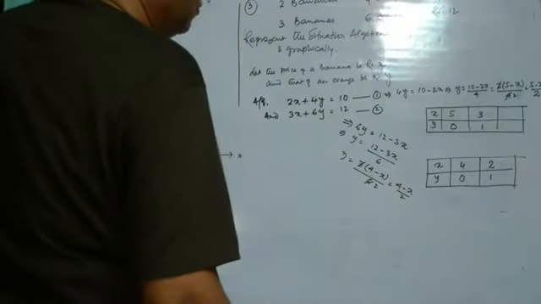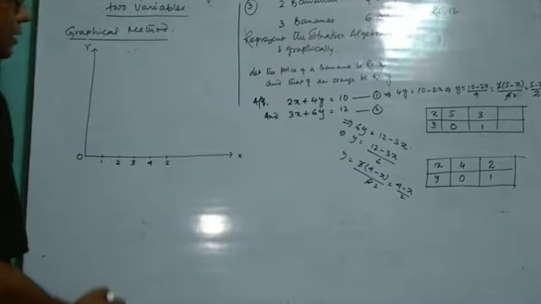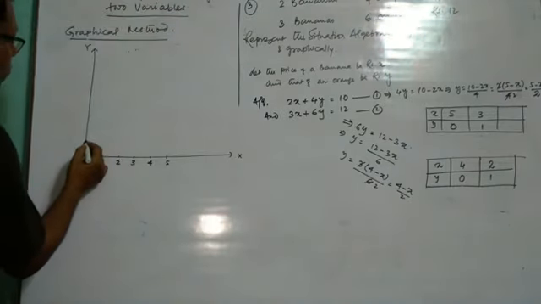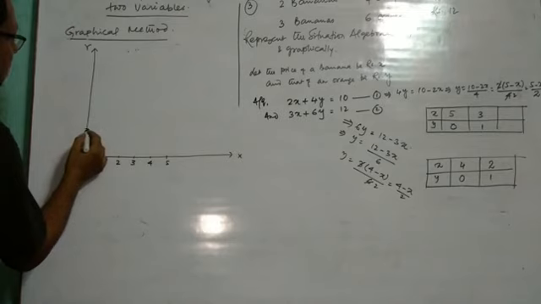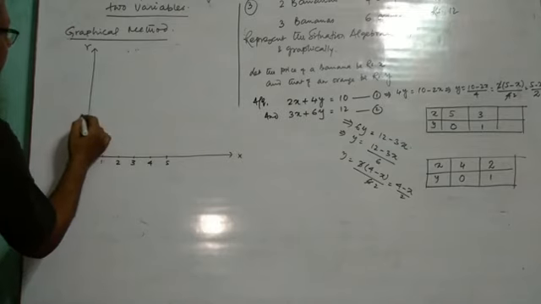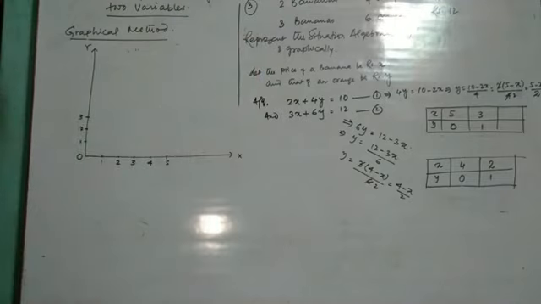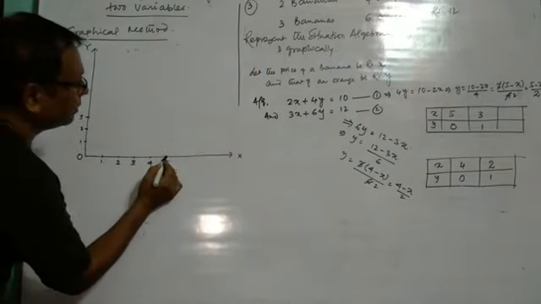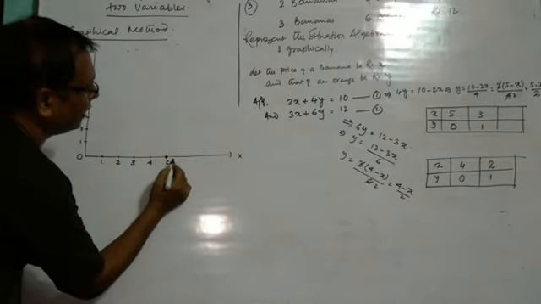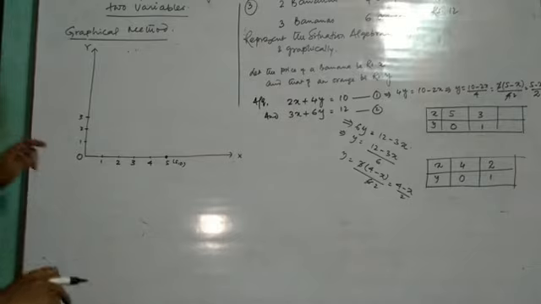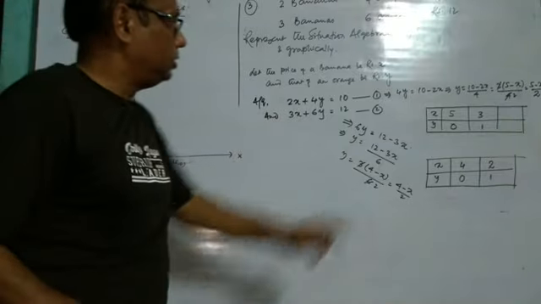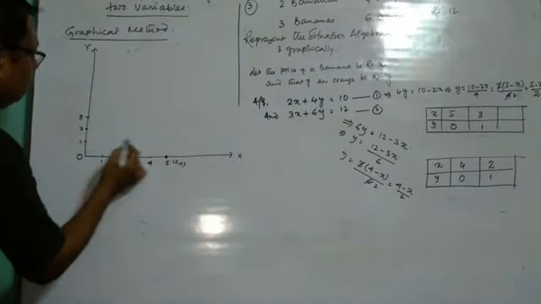The highest value of y is 1 in both the cases. 0, this is 1, you mark it 2, you mark it 3. Now the first line, 5, 0, this one is the very point. This is 5, 0. You can write the coordinate with the help of the pencil only. 3, 1, 3 and 1.